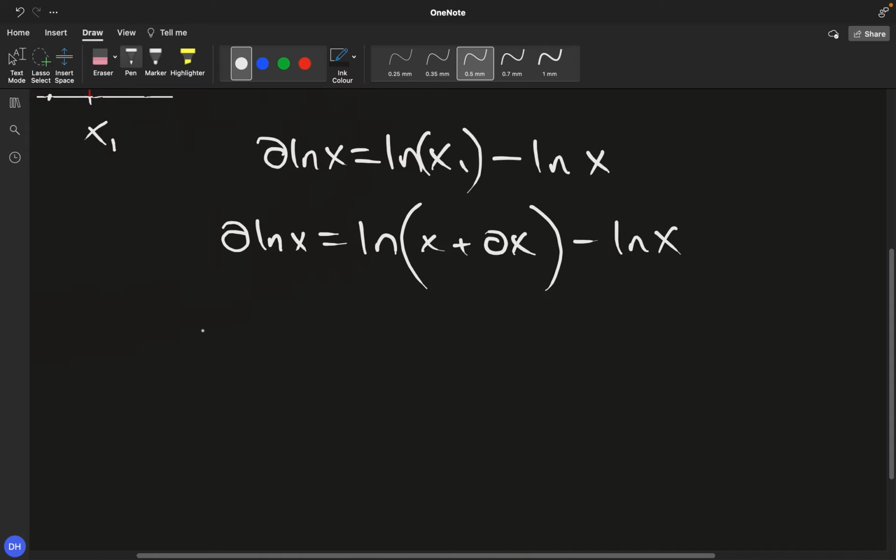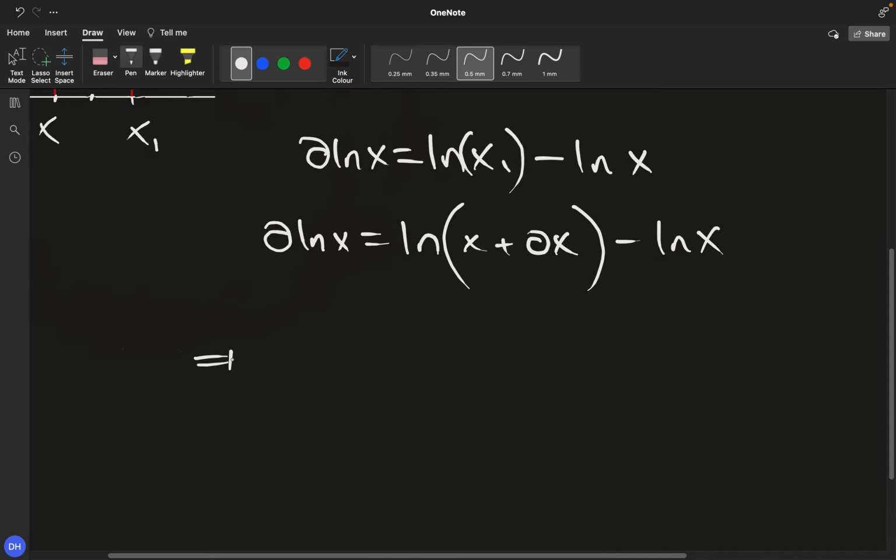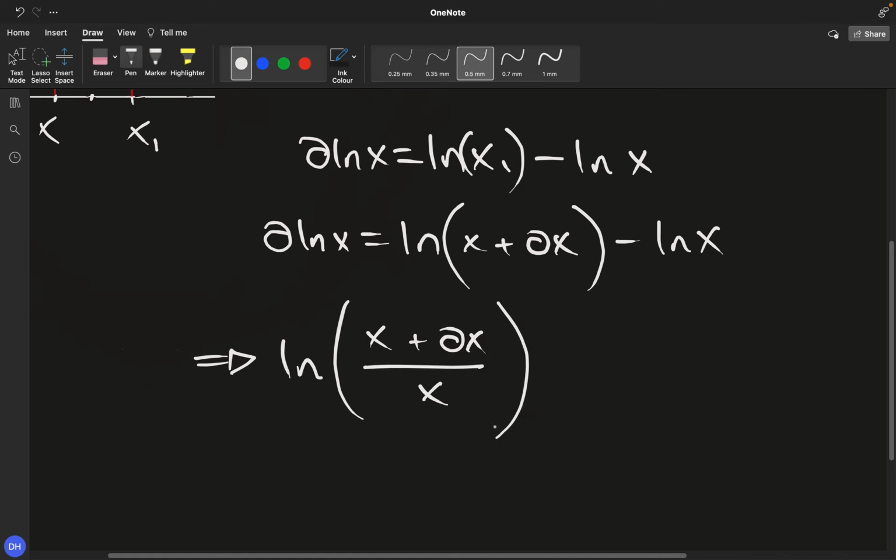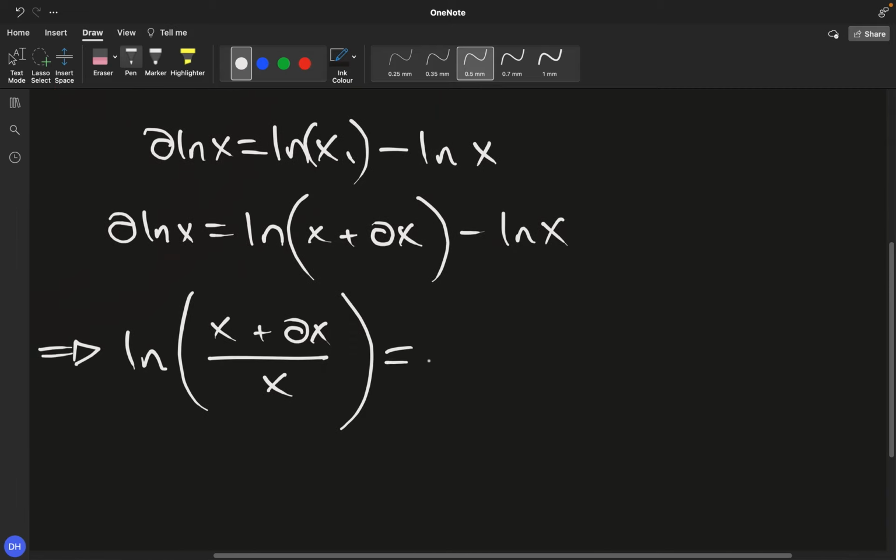And using the properties of logarithms, we know that this is the same as log of x plus delta x on x, which we can write as log of 1 plus delta x on x.